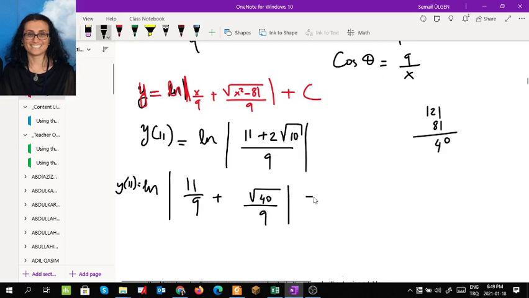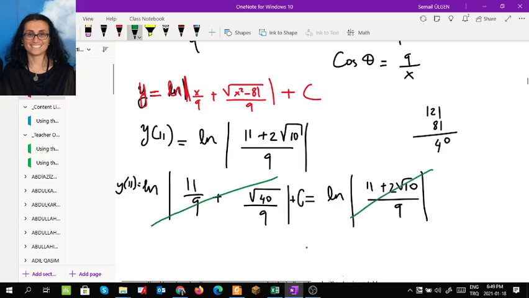Okay, this is y(11). This is equal to ln of 11 plus 2 square root of 10 over 9, plus a c. This is given, but as you would see, this is the same as this one, so c becomes equal to 0. So in this case this is 0, so this is the y that we are after.